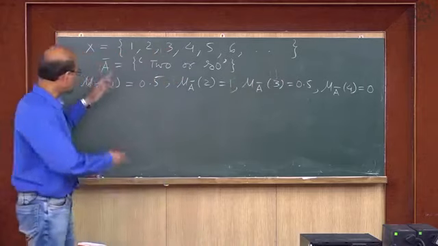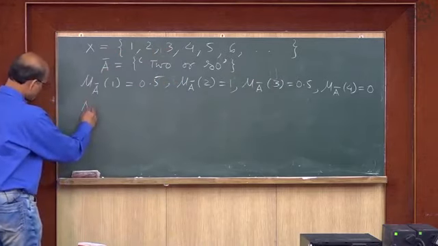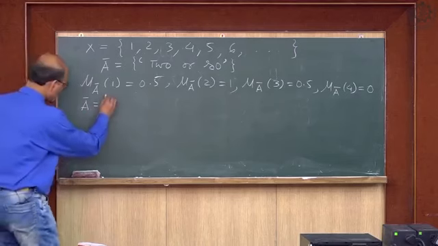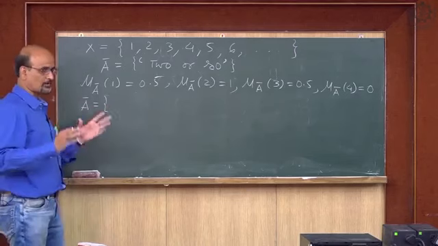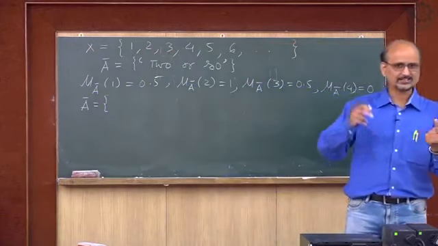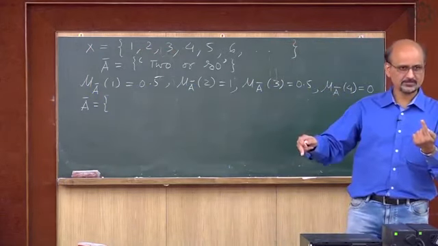Now, the fuzzy set A bar I can write like this. I told that fuzzy set will have two components, one is the element and its membership value, the membership degree.